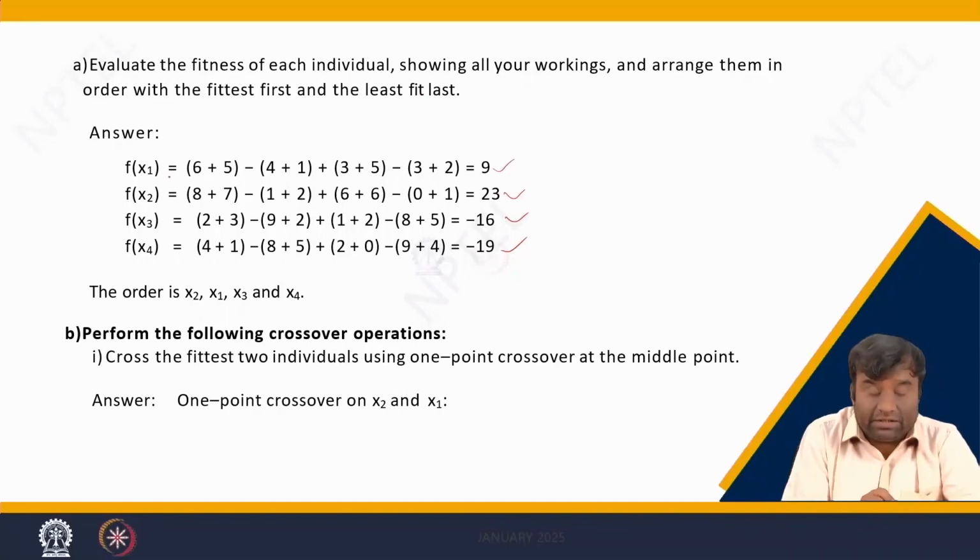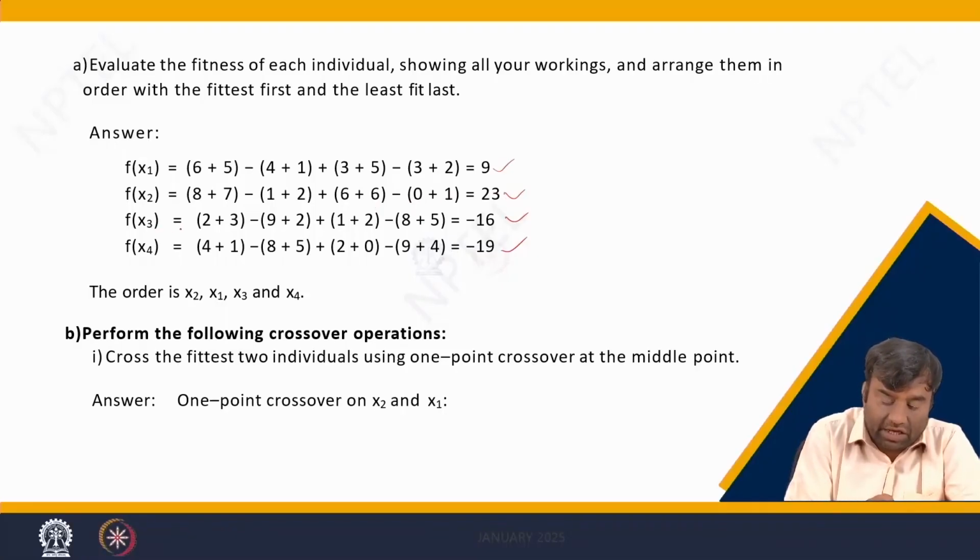As we have seen, the value of Fx1 is 9. Similarly, the value of Fx2 is 23, that is A plus B minus C plus D plus E plus F minus G plus H. Fx3 is minus 16, Fx4 is minus 19.